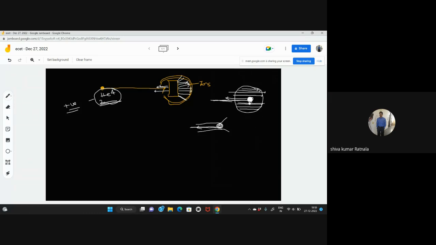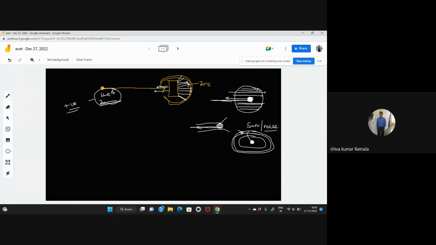Around this nucleus, electrons will revolve. He considers the nucleus as the sun, and around the sun, planets revolve in this way.